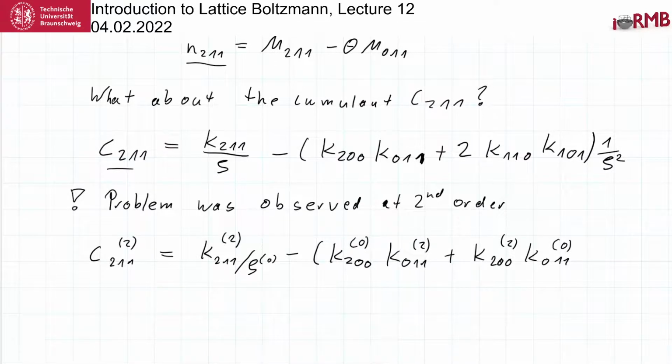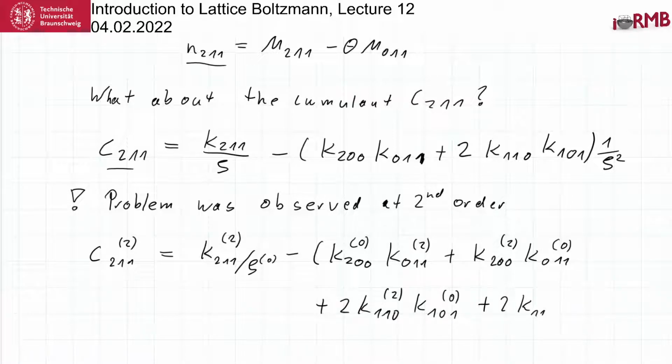Then we have plus 2 K110 to the second order times K101 to the 0 order, plus K110 to the 0 order times K101 to the second order, and this divided by rho to the 0 order.